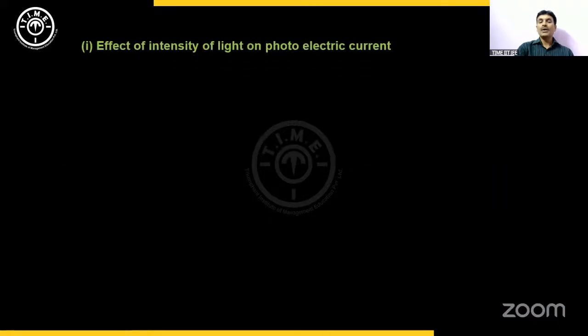Now, let us see the effect of intensity of light on photoelectric current. Already we have defined what intensity is. Intensity is nothing but the energy that is incident on a surface per unit area of cross section in unit time.